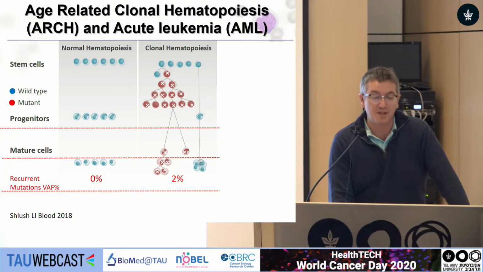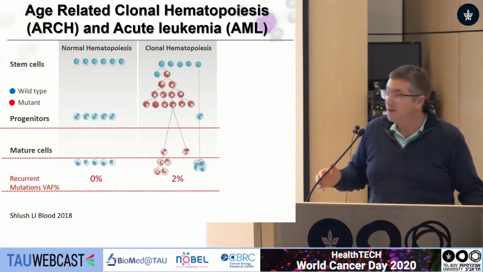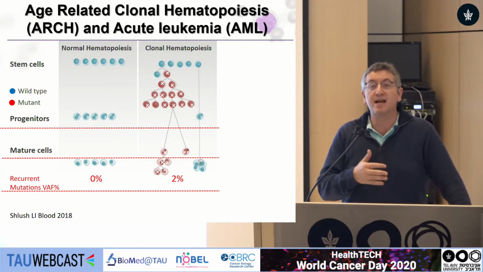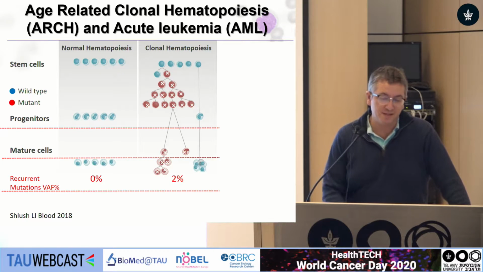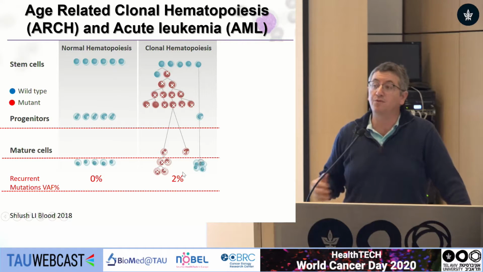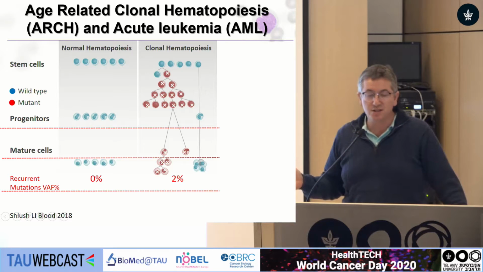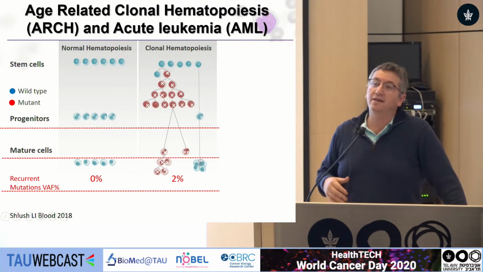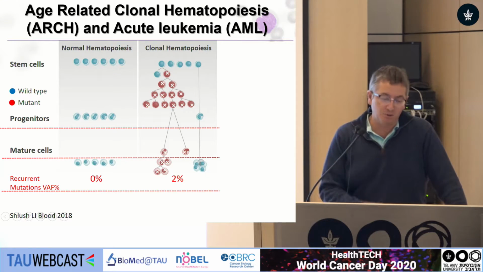This clonal expansion is termed age-related clonal hematopoiesis, or ARCH, and this is the preceding step of acute myeloid leukemia, but also of many other myeloid malignancies. And people have termed this clonal hematopoiesis ARCH if 2% of the peripheral blood cells of a healthy individual carry somatic mutations, which we can also see in leukemia patients. So 2% of cells that carry a mutation define clonal hematopoiesis.